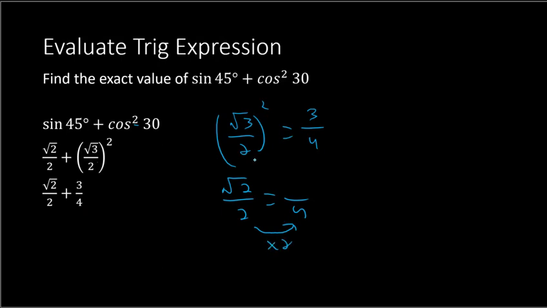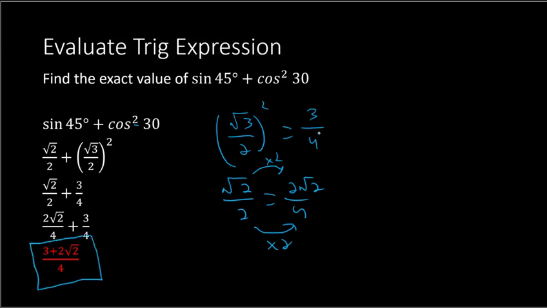To do that, we multiply the bottom by 2, and the top by 2 as well. That gives you 2 times the square root of 2 over 4 plus 3 over 4. Put that together into one fraction, and that gives you 2 times the square root of 2 plus 3 over 4. So this would be the exact value of sine of 45 degrees plus the cosine squared of 30 degrees.